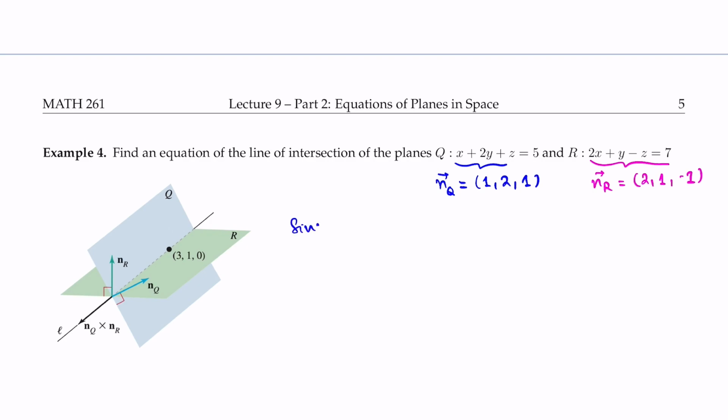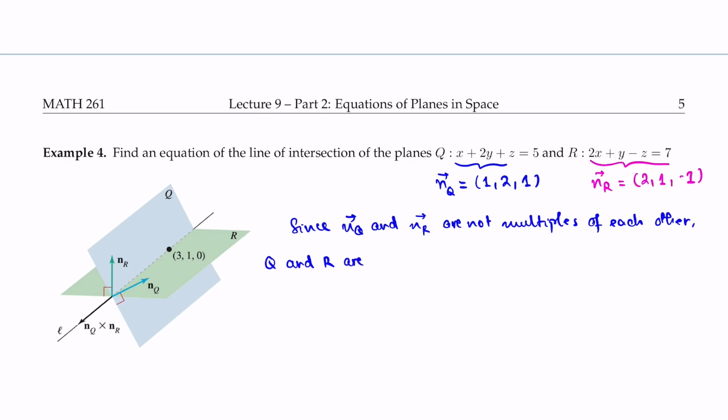So since nq and nr are not multiples of each other, we can conclude that Q and R are not parallel.